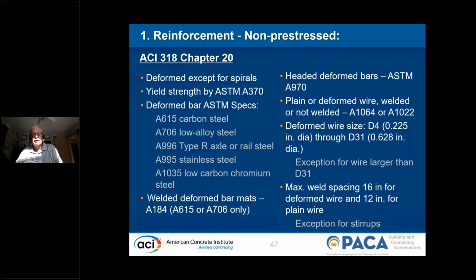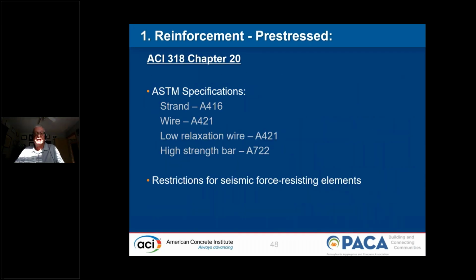Anything that's being welded, the deformed bar mats can only be a certain steel if they're being welded. The headed deformed bars, all of these different criteria. So it's really important that whoever's doing the special inspection has a good handle on all of the aspects of the materials and properties and installation on the job site.